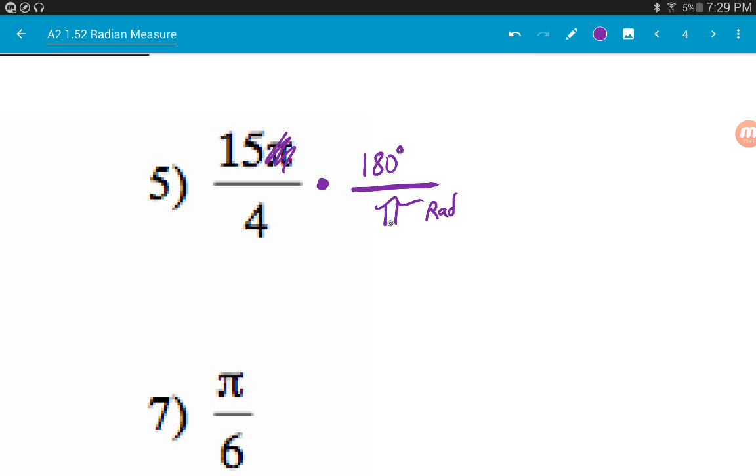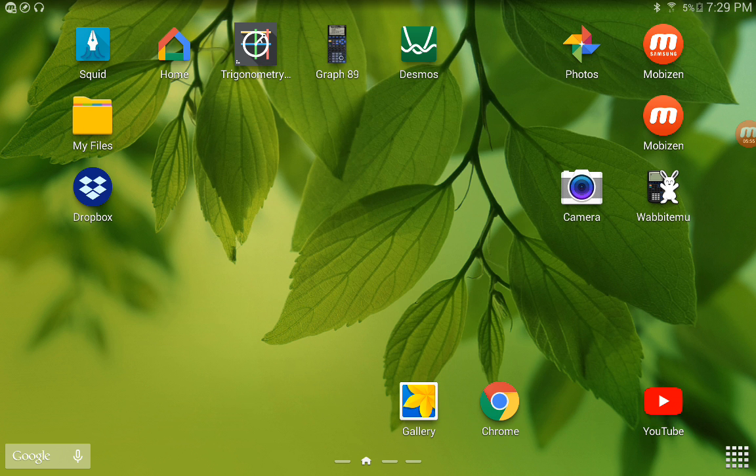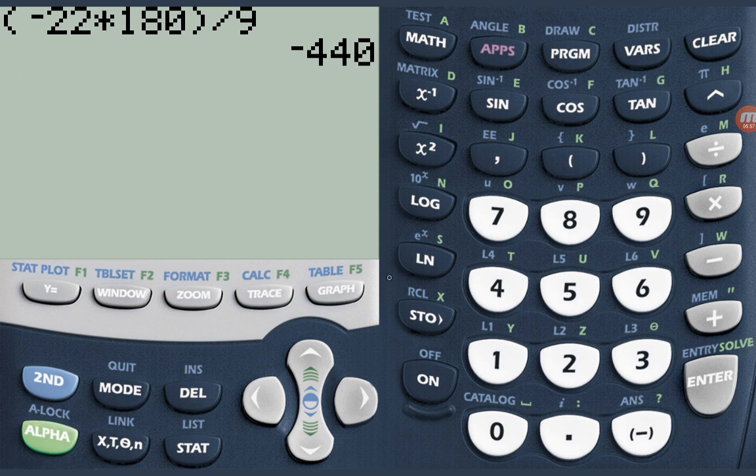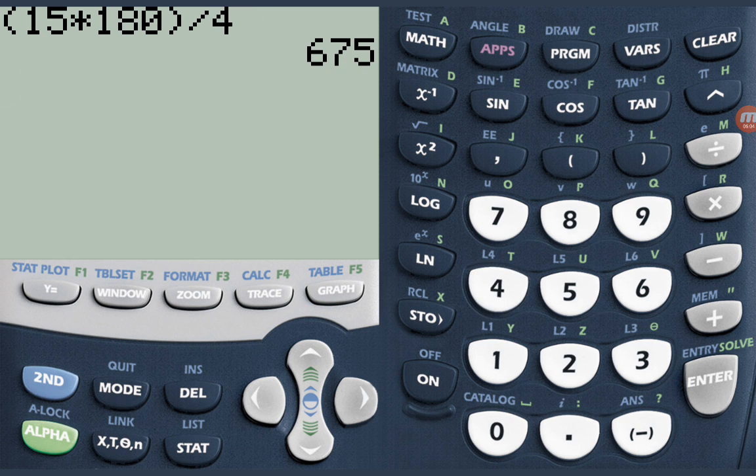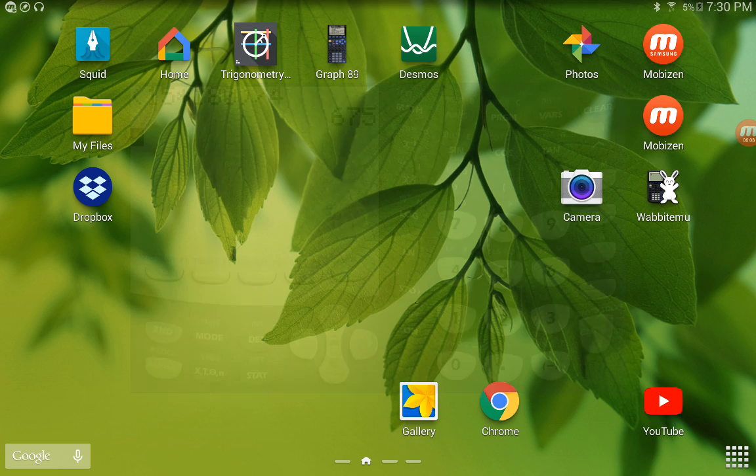The pi cancels out with the pi because one's on top and one's on bottom. And I get 15 times 180 divided by 4. Go to my calculator. 15 times 180 divided by 4, and that's equal to 675 degrees.